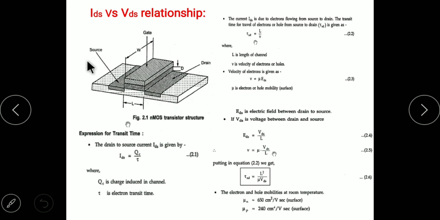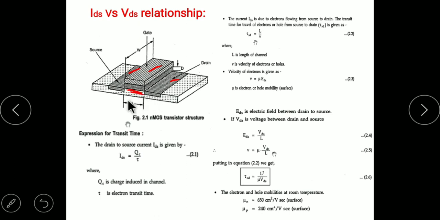So this is the structure of the MOSFET transistor. Here is the drain, the gate, and the source, and from here to here is the channel. You have to develop the channel here.